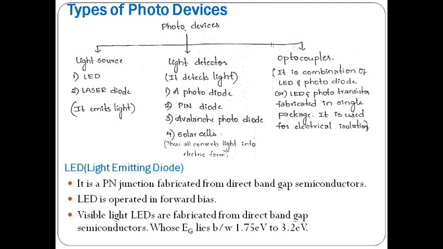a free electron present in the conduction band can directly recombine with the holes present in the valence band. So whatever electron is present in the conduction band will be directly recombined with a hole in the valence band. This is called direct recombination.